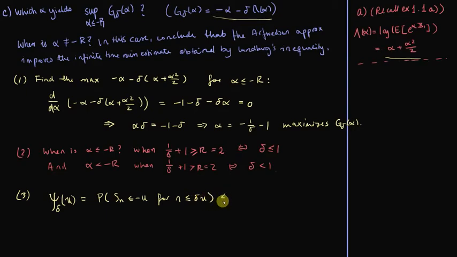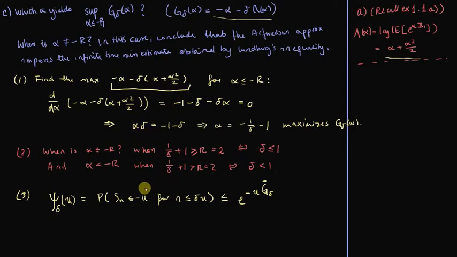And we found an upper bound for this, which was given by e to the minus u multiplied by g bar of delta, where g bar of delta in our case is this value maximized.